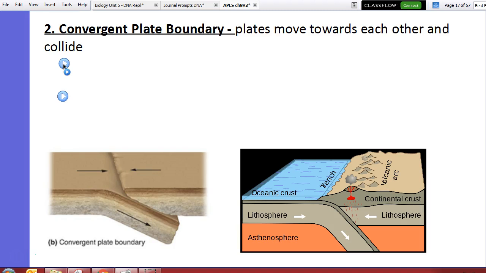So the first thing that can happen, it depends on if we have two continental plates colliding or if we have a continental and oceanic plate coming together, okay?